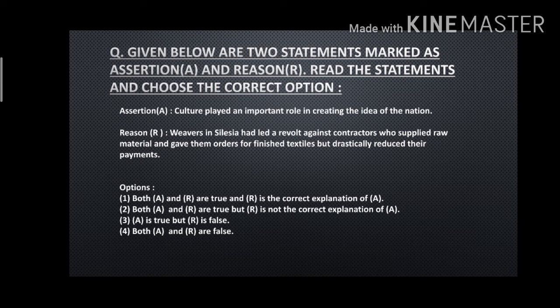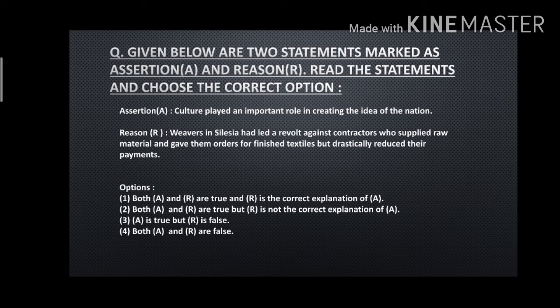Four options are there here. So let us solve it, then we can understand it at the same time. So the first is, assertion is, culture played an important role in creating the idea of the nation. Okay. And reason is given, weavers in Silesia had led a revolt against contractors who supplied raw material and gave them orders for finished textiles, but drastically reduced their payments.